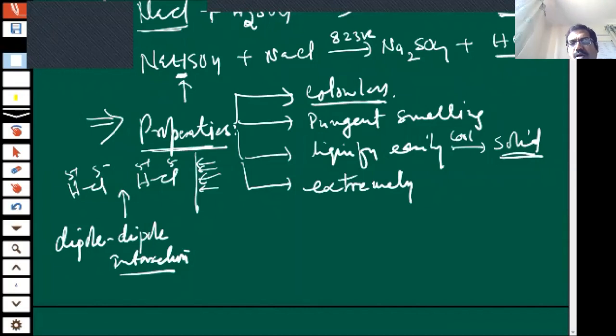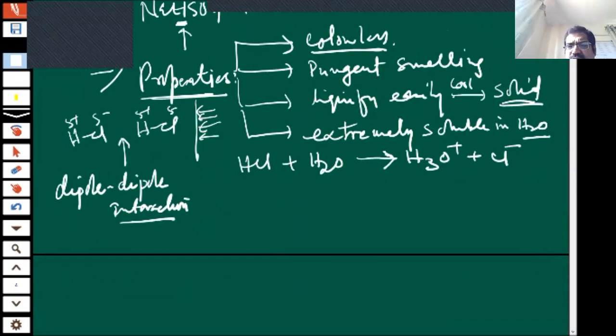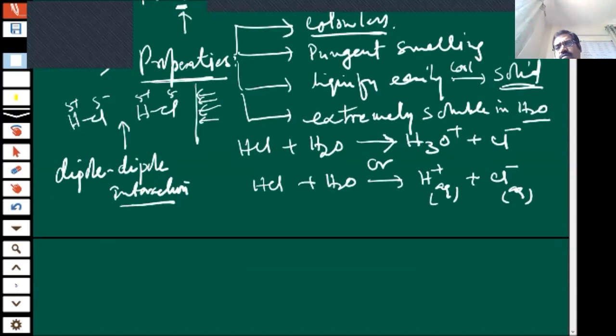Extremely soluble in water. If you react HCl with water, it will give you H3O plus and Cl minus, or you can write this reaction in this way also: HCl plus H2O gives H plus in aqueous form and Cl minus in aqueous form.